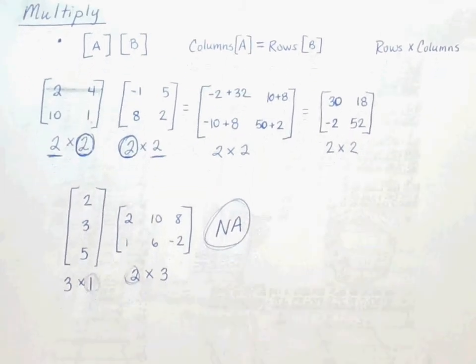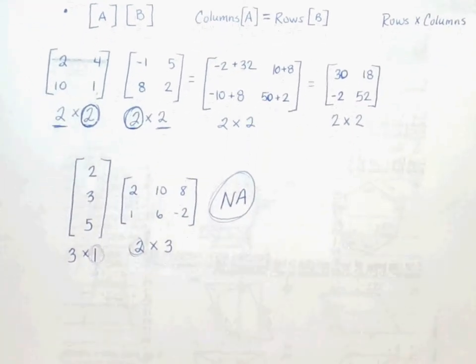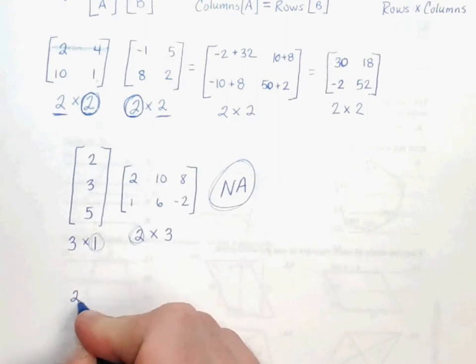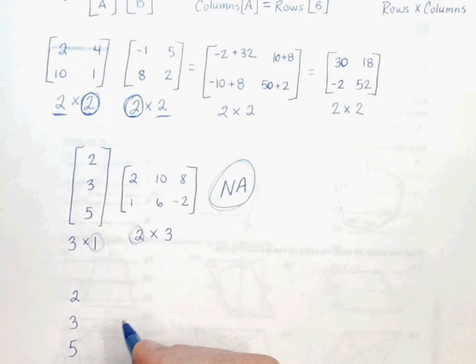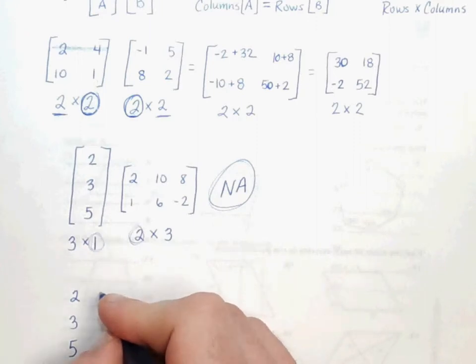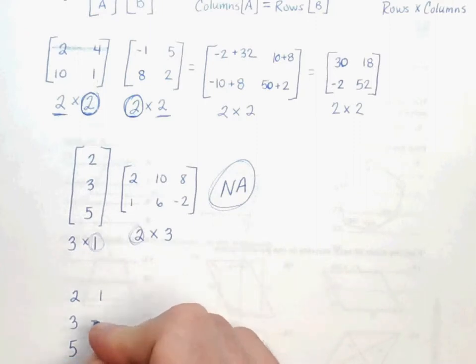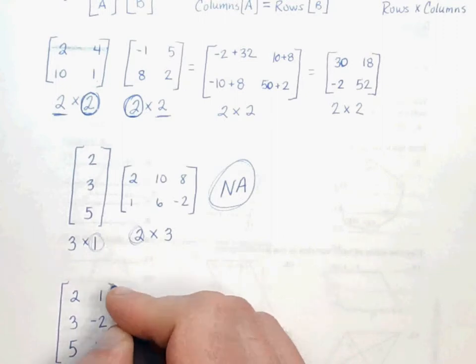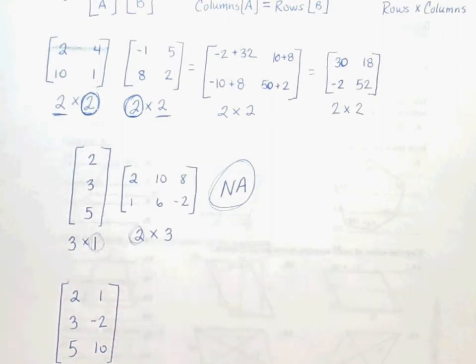Alright? So let's try one more where the inside numbers do match. Here we go. Let's say 2, 3, 5 again. And let's give it another column. Let's say 1, negative 2, and 10. Alright?